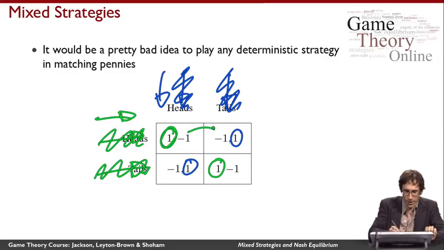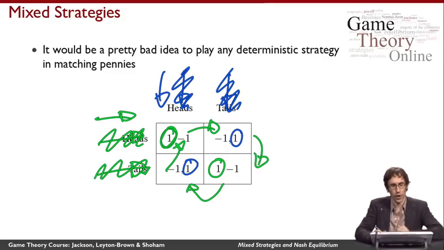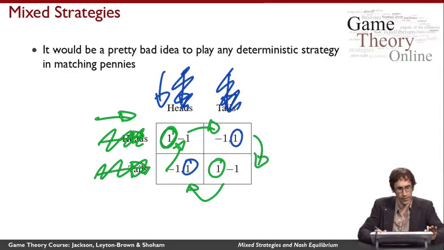And so you can see there's kind of a cycle where we just bounced around between the different cells of this game matrix and essentially argued that no pair of deterministic strategies works for both players.